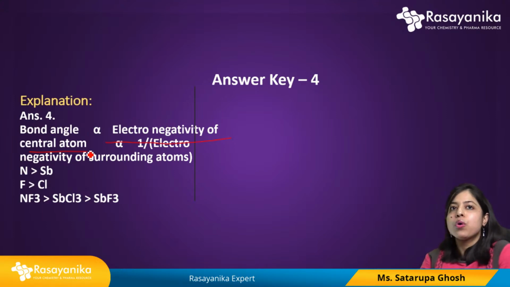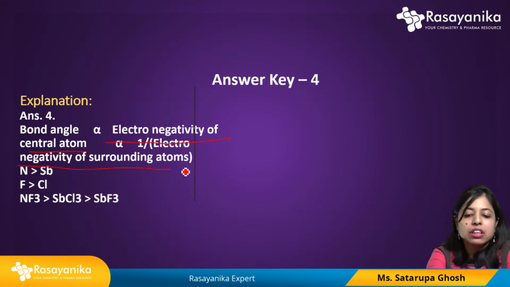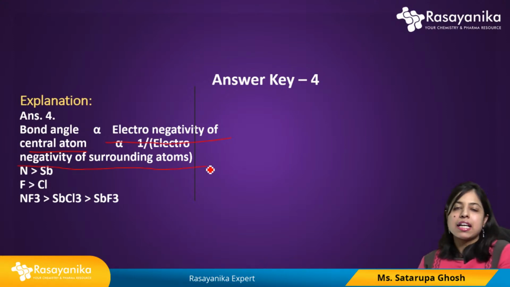And also you need to know that bond angles are inversely proportional to the electronegativity of the surrounding atoms, that is the atoms which are attached to the central metal atom. Okay? So bond angle is directly proportional to the electronegativity of the central metal atom, and inversely proportional to the electronegativity of the atoms attached to the central metal atom.